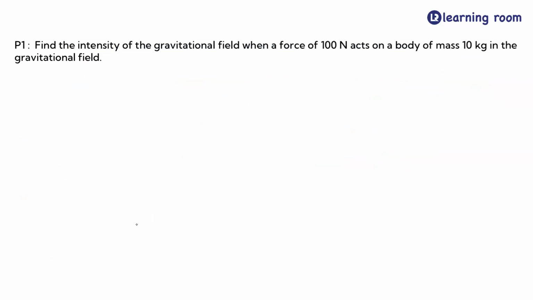Find the answer for this. Find the intensity of the gravitational field when a force of 100 Newton acts on a body of mass 10 kilogram in the gravitational field. It is very, very simple. So what is the formula for intensity of gravitational field?